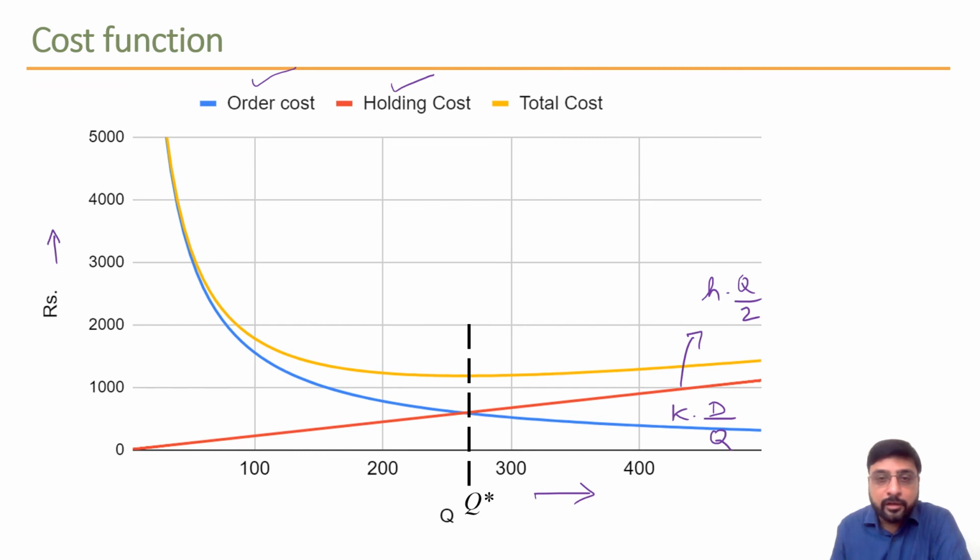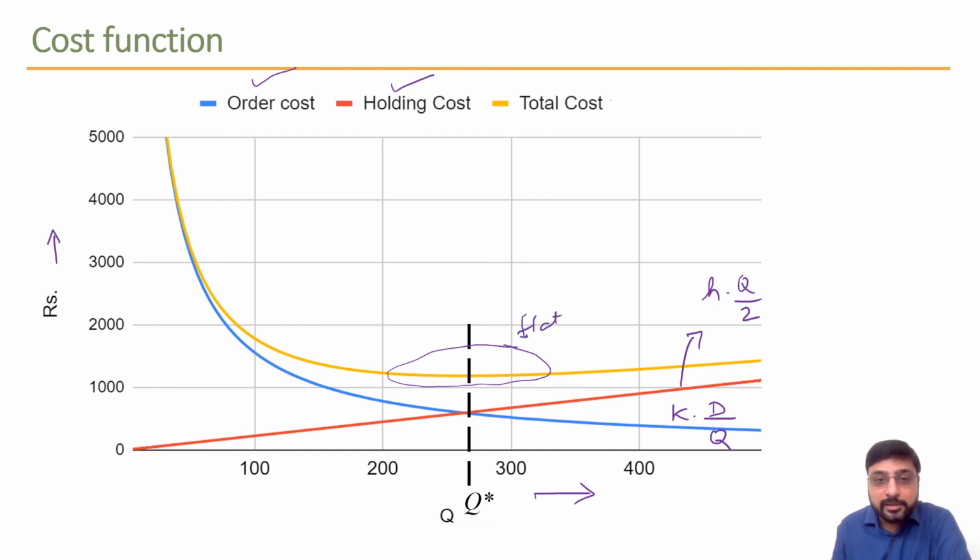And the yellow line here represents the total cost. In this case, total cost is just taken as the sum of these two, the order cost and the holding cost. If you add the material cost, since it's constant, the entire curve will just shift upwards, but the shape is going to remain the same. One additional thing you can observe is that the total cost curve is actually flat around your Q star.